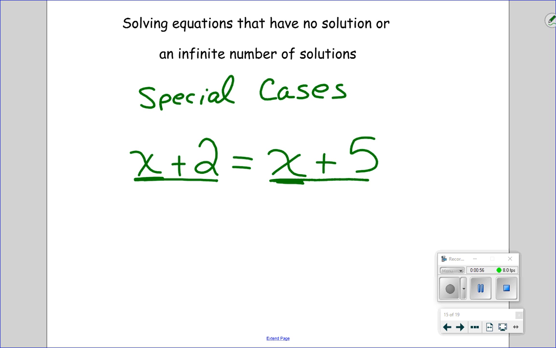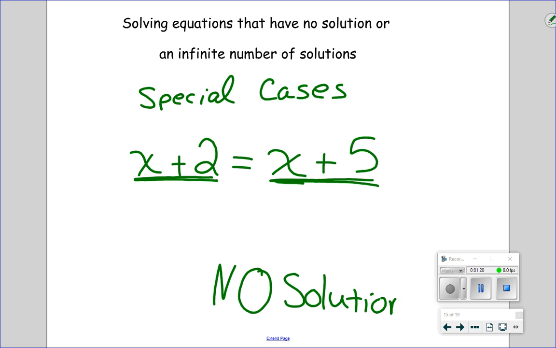And then on the left side, I add 5 to the number. So what number could I possibly come up with for x so that when I add 2, it's the same as when I add 5? It'll never happen. No matter what number I choose, adding 2 to a number will be different than adding 5 to that same number. So this is an example where the answer is no solution.